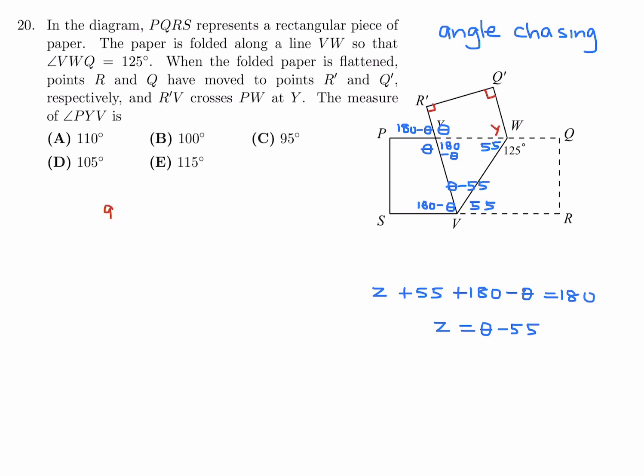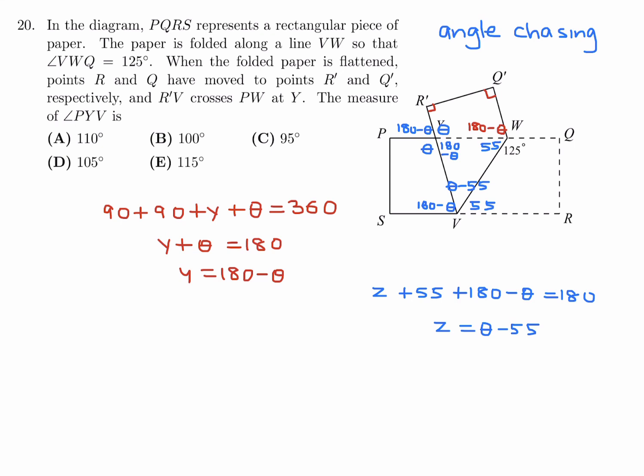So that means 90 plus y plus theta is equal to 360. So y plus theta is 180, and therefore y is equal to 180 minus theta. So instead of that y, I'll put in 180 minus theta. Okay, I think we are at the final step.